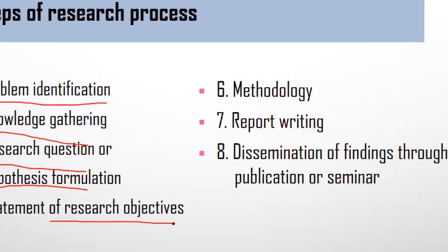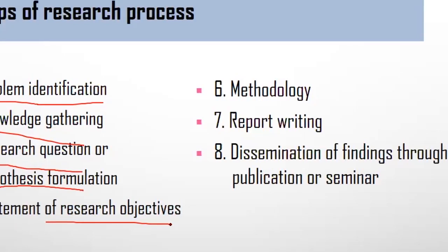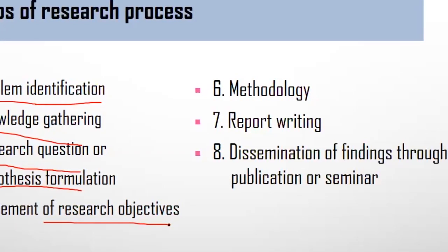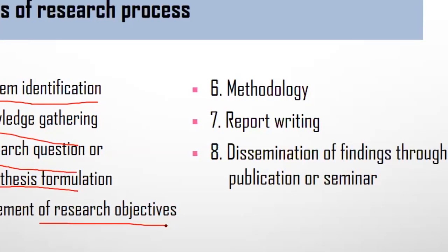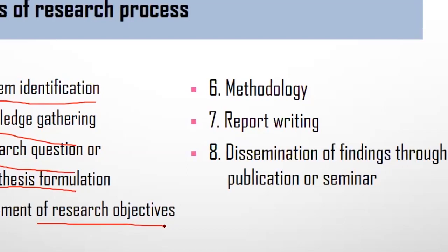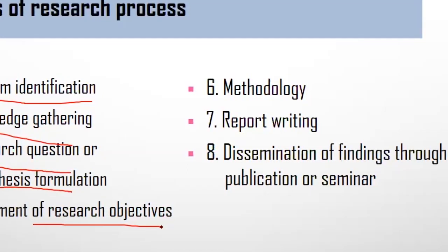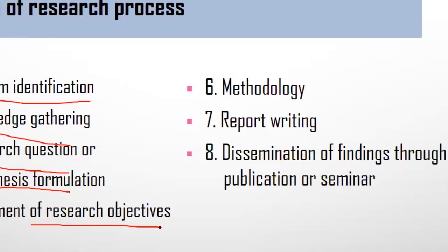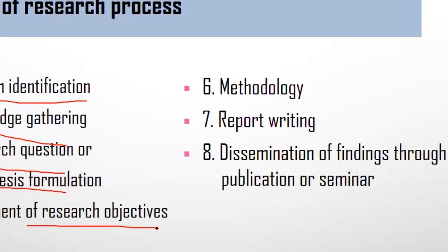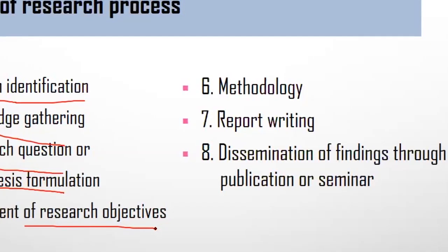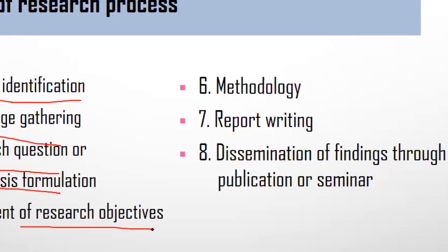Suppose in the specific objectives, we may write to determine the socio-demographic characteristics of the respondents, to identify the diseases suffered by the rural household in the last 6 months. And then we can fix the specific objective to determine the duration of suffering of the rural household for the last 6 months. And this specific task is called the specific objective.